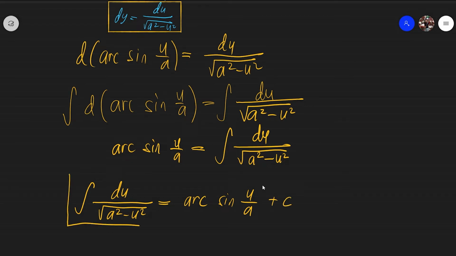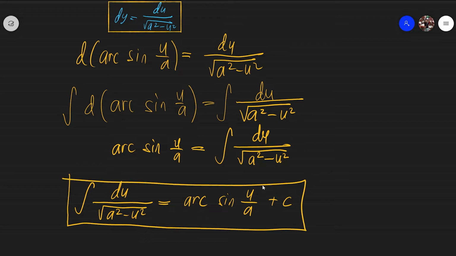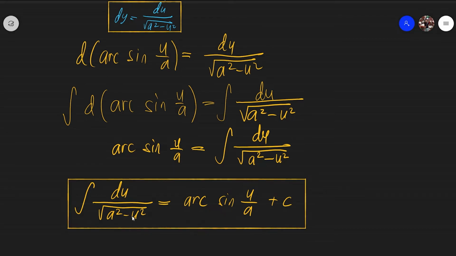This is your formula. Isang formula pa lang yan.